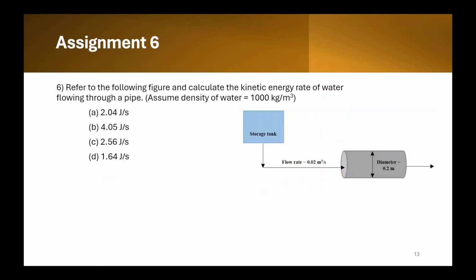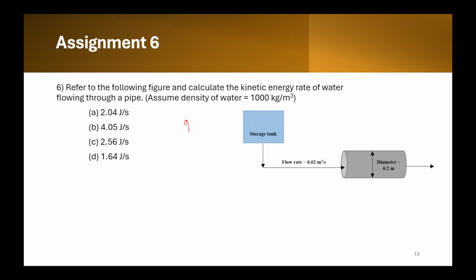Next question. Refer to the following figure and calculate the kinetic energy rate of water flowing through a pipe. Assume the density of water is 1000 kg per meter cube. So we know the flow rate is 0.02 meter cube per second, and the diameter of this pipe is 0.2 meter. So firstly, we'll write what we know here.